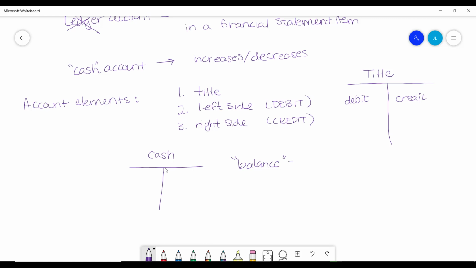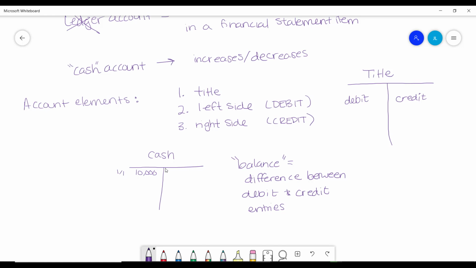So for example, and we'll go into the rules in a second, if I'm looking at cash and on January 1, I had a beginning balance of $10,000. Okay, I would show that as follows. We'll get into why in a second.